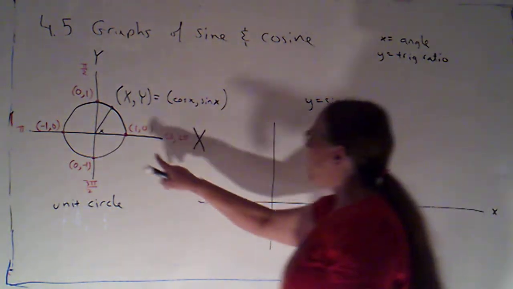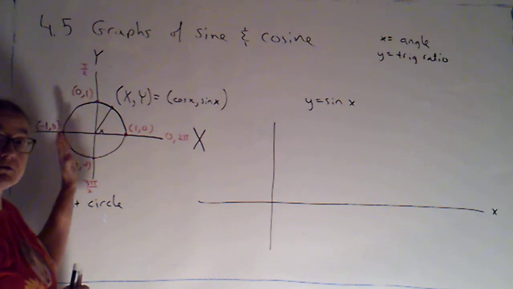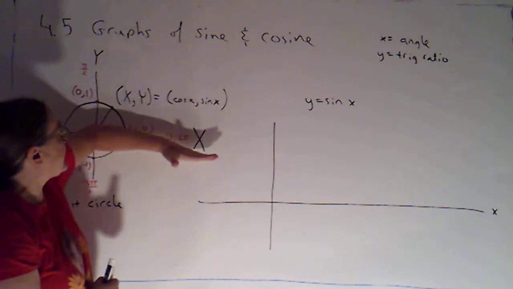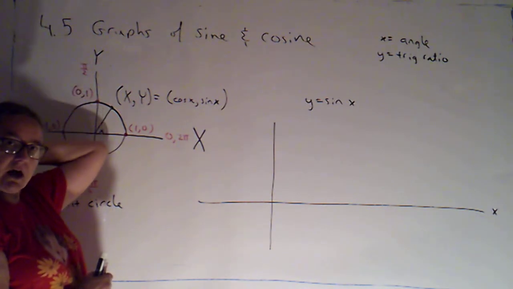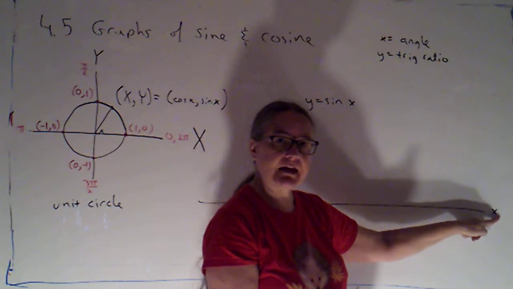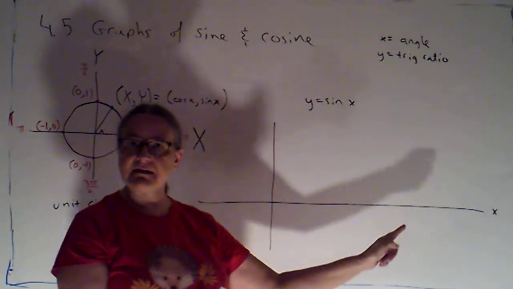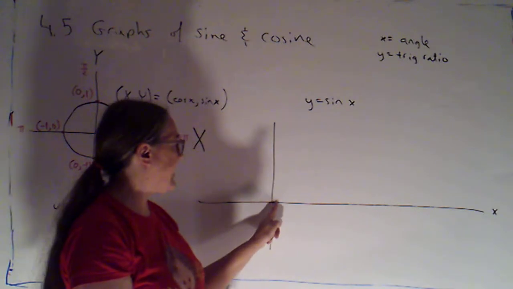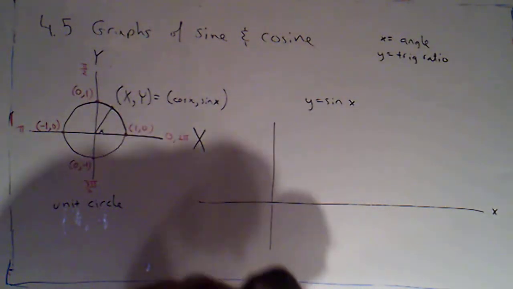Okay, now over here, I'm representing little x, my angle, rotationally. So as x increases, we're rotating counterclockwise. On this graph, I'm representing little x, my angle, as a point on this horizontal axis. So as x, my angle, increases, I'm moving to the right. So they're linked.